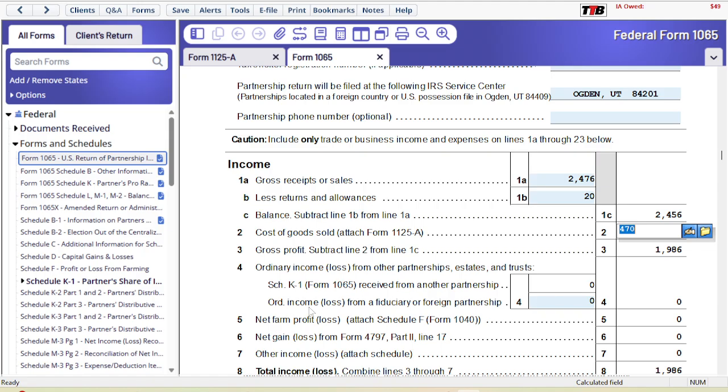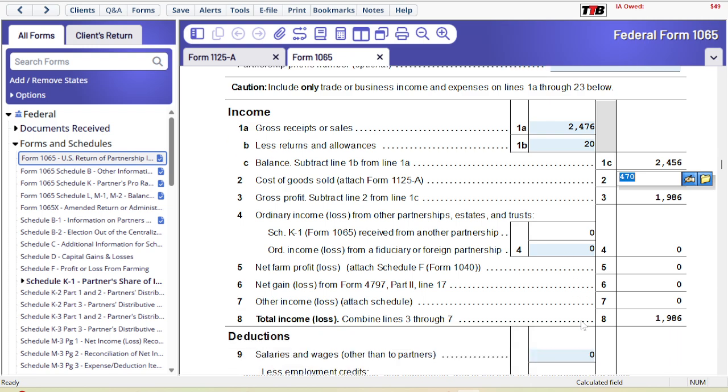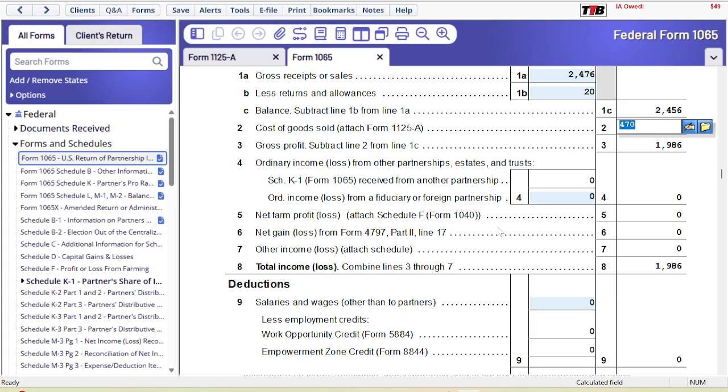If you have other ordinary income or loss from a foreign partnership, you'll put it there. Here we are just going to leave those areas alone. So if you have profit or loss from farm, it goes on line 5 here, but we are just going to go through those because we don't have those included in this example.